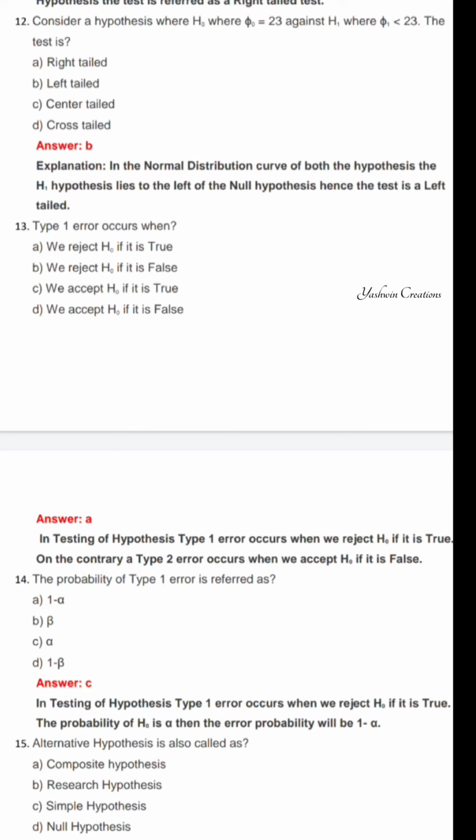The probability of type 1 error is referred to as alpha. Remember, the probability of type 1 error is only alpha, not 1 minus alpha. Only alpha will give you the answer.